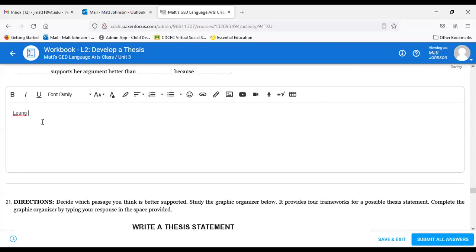So we'll use Leung this time, and then maybe for the next one you'll use Clement. Just to show how they're different. So Leung supports her argument better than Clement.